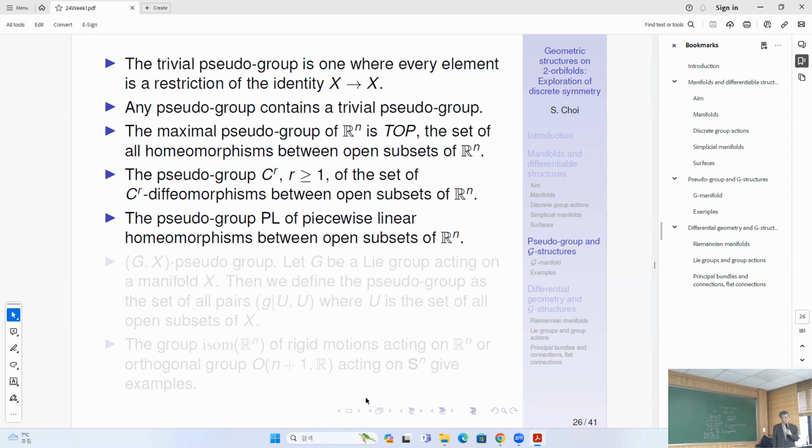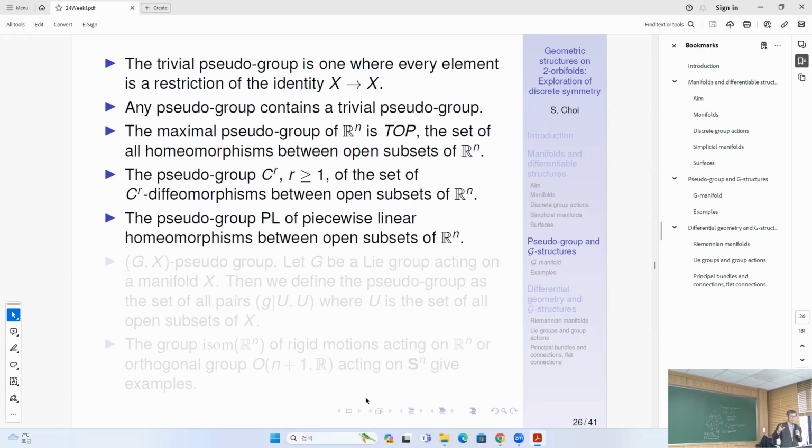So what is PL? PL is a pseudogroup, and piecewise linear homeomorphism means that you can triangulate the open sets U and V so that the map becomes a simplicial map on that set. Here the simplicial division has to be compatible with the simplices in Rn.